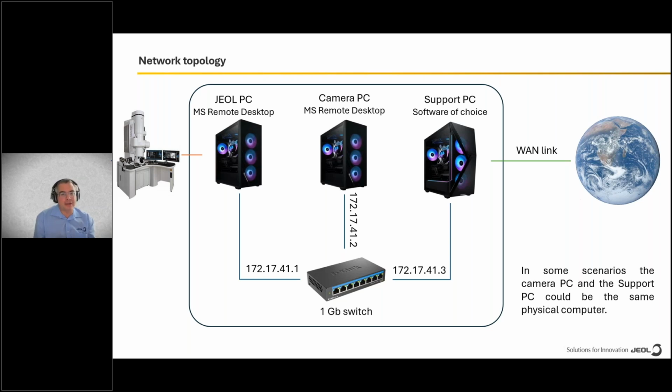So in practice, if you want to access your microscope remotely, you will have to ask your IT department to allow either the camera PC or the support PC to be able to connect to the internet. This would also require opening certain ports on the firewall, and people who are responsible for IT tickets normally know very well what needs to be done in order to grant internet access.